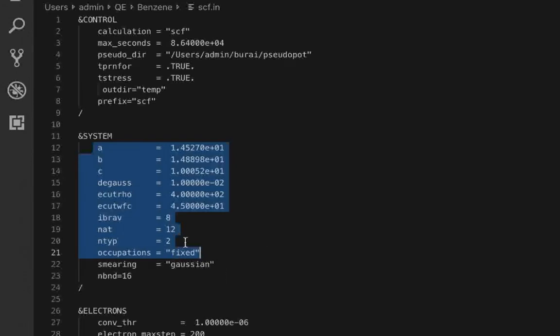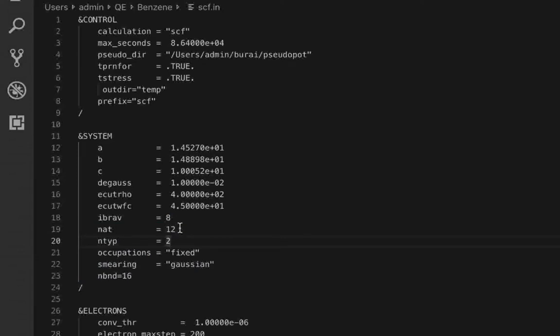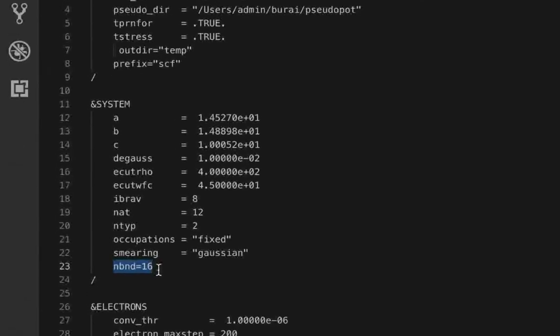The number of atoms is 12 because it is C6H6, and there are two types of atoms, and occupations are fixed. One important thing you are noticing here is nbnd equal to 16. I did that so that Quantum ESPRESSO calculates some energy values for the unoccupied orbitals as well, because in order to plot the LUMO you will need the information about the unoccupied orbitals, or bands in the words of condensed matter physics.